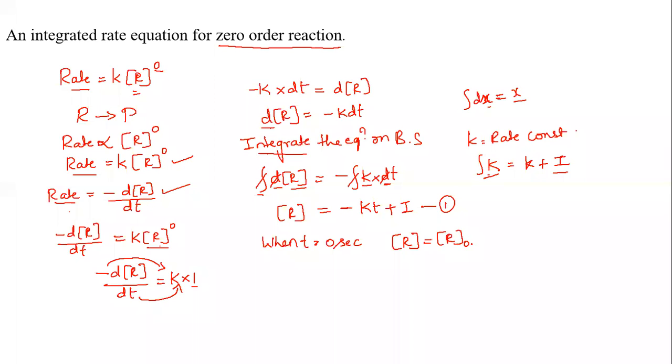That means time has not started, has not begun, so consumption of reactant will be 0%. Nothing has been consumed. Initially, how much we have taken, that much reactant will remain at the end itself when the time is equal to 0 seconds. Until we increase the time, the reactant concentration remains same. So R naught is nothing but initial concentration. So final will also be equal to initial concentration. Okay, this is final. So final will be equal to initial concentration.